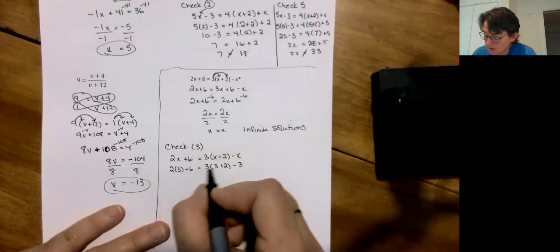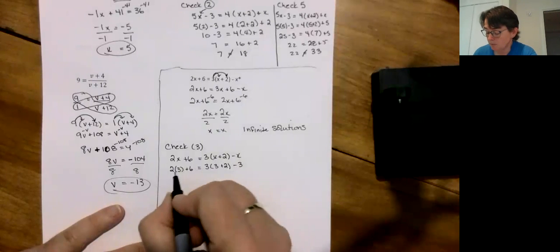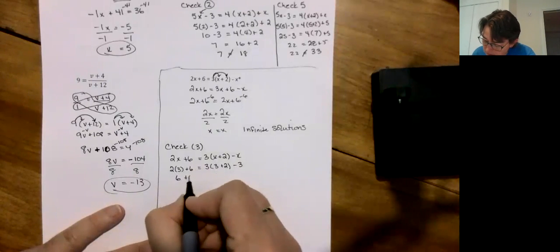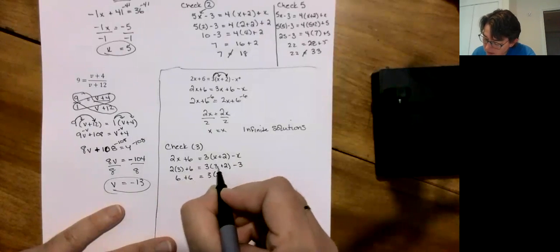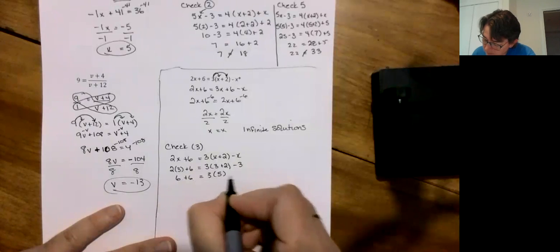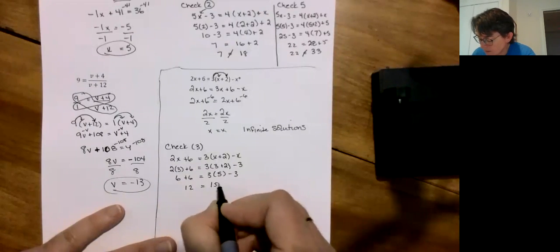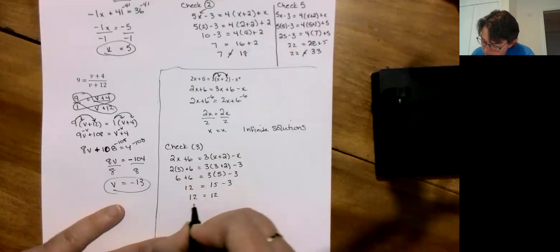Make sure when you're doing your check, you don't get to swap stuff left and right. Just do BEDMAS on both sides. So 2 times 3 is 6 plus 6. 3 plus 2 is 5 minus 3. So 12. 15 minus 3. 12 is equal to 12.